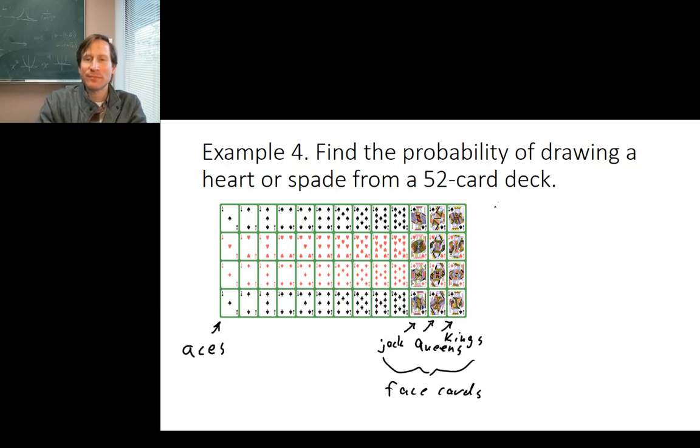Okay. So again, the sample space is just going to be all of the 52 cards in the deck. So our event is drawing a heart or spade.